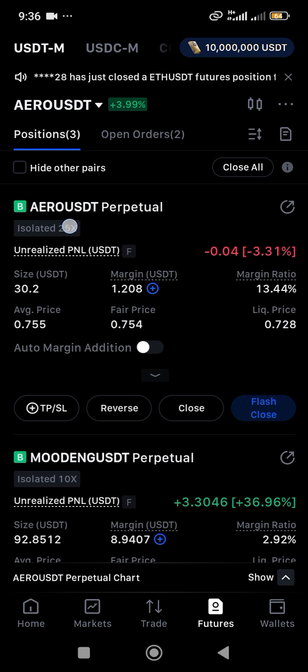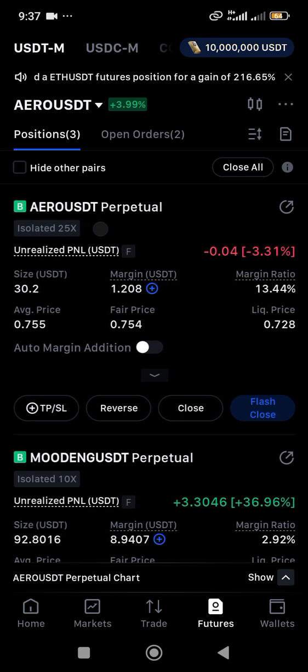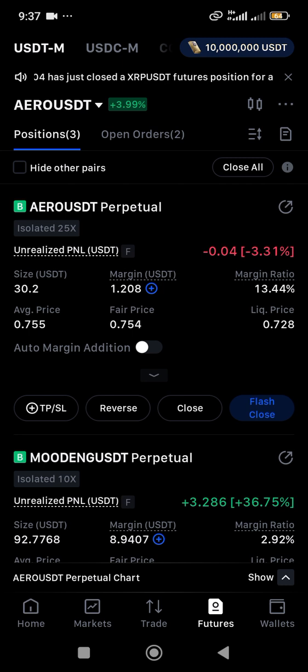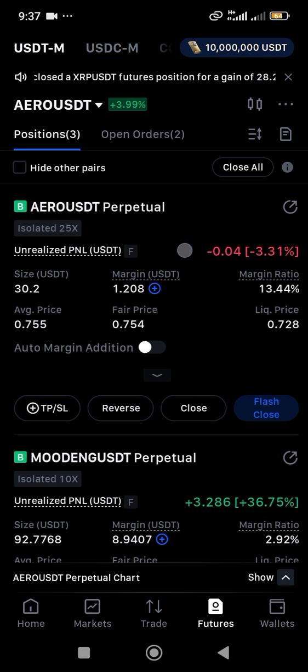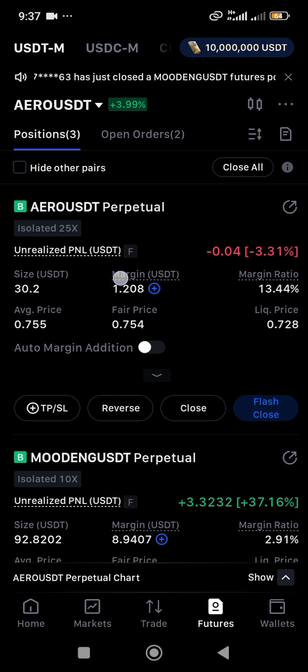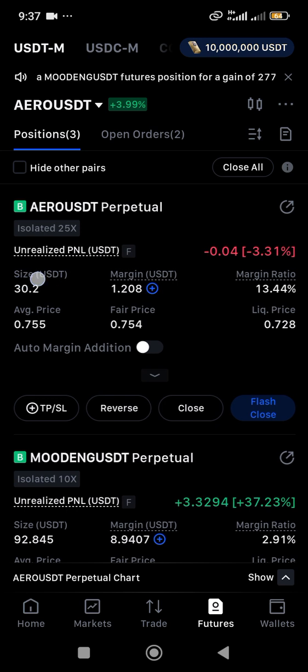But because I'm trading with times 25 leverage, they increased my USDT to 30 USDT. So in this trade, it is assumed that I entered this particular trade with 30.2 USDT, which is this one.